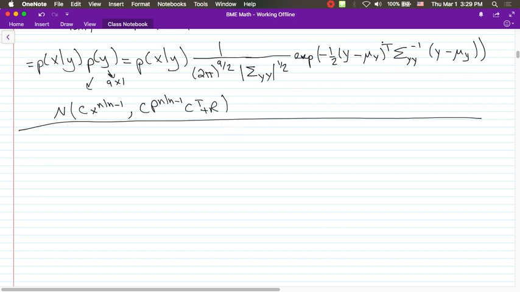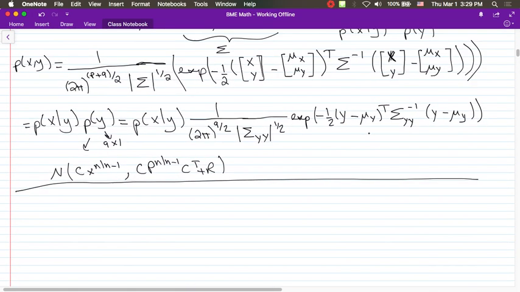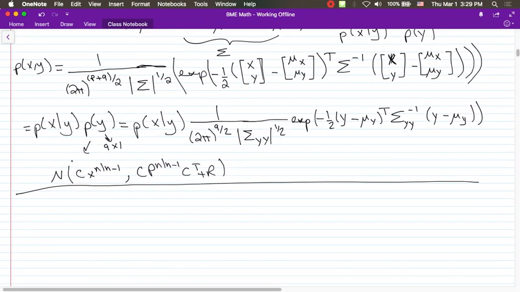So here's our problem. We have a matrix here, sigma, that we called, had sigma xx, the joint probability, sigma xy, sigma yx, and sigma yy. This was our variance covariance matrix.